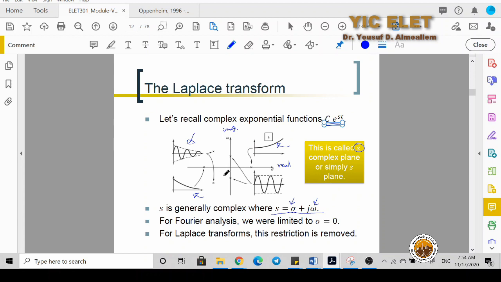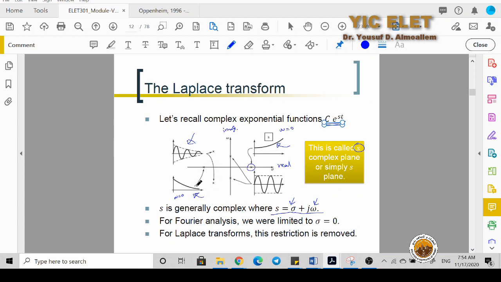Now, this is when we talk about purely real functions. Sorry, in this function we have omega equal to 0 and a positive sigma, and here omega is equal to 0 and negative sigma.